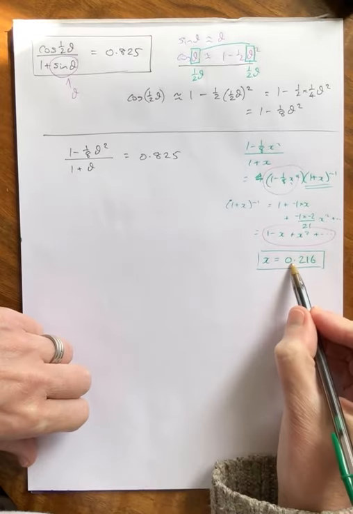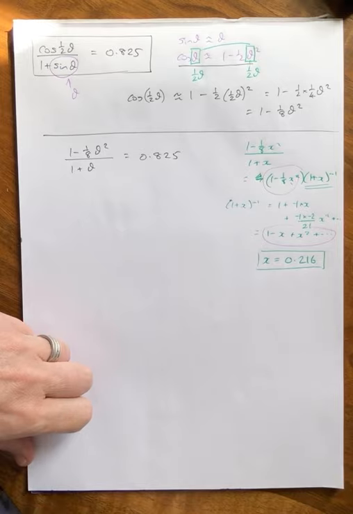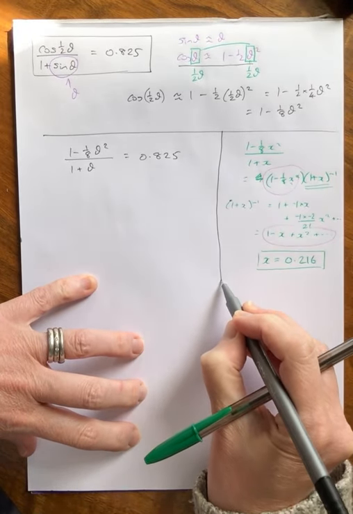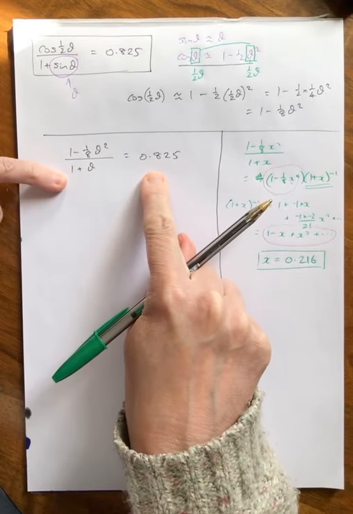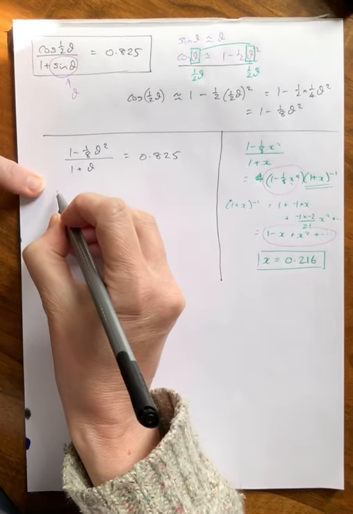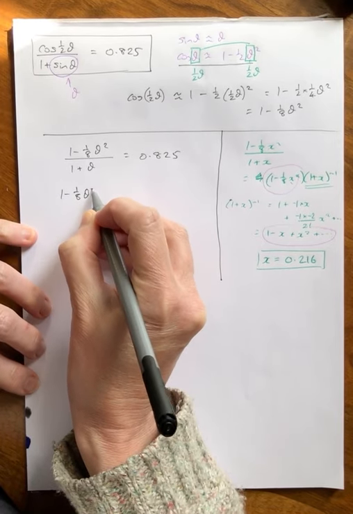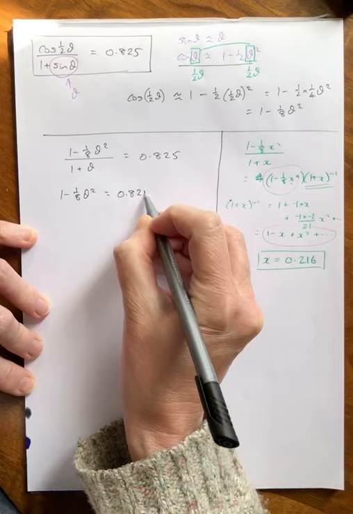The answer given is 0.206. It's close enough, it is an approximation. However, what you've got here is already a quadratic. If you hadn't had the lessons last week, I think everybody would have automatically said, okay, I've got a fraction here, I can just multiply both sides by the denominator.